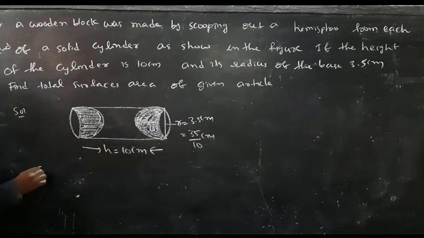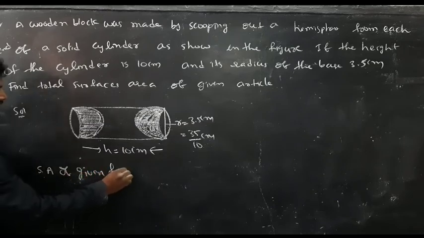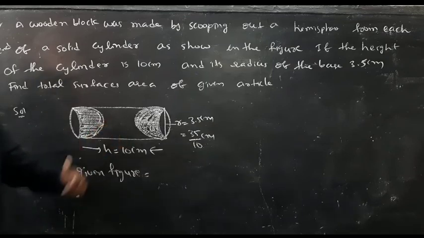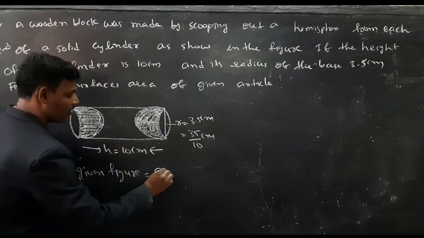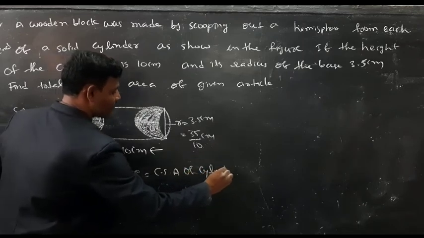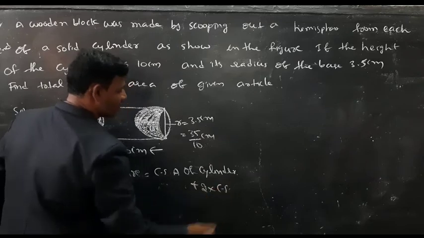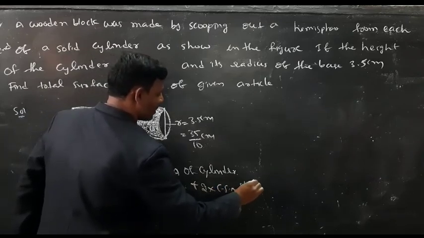See here, surface area of the given figure is equal to, it is a combination of a cylinder and two hemispheres. Curved surface area of cylinder plus 2 into curved surface area of hemispheres.